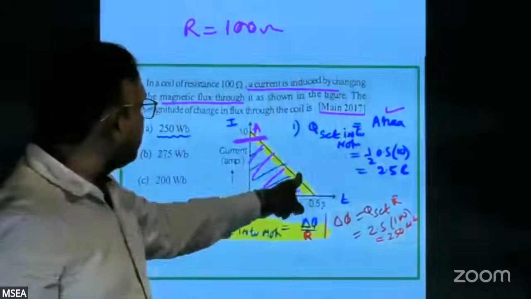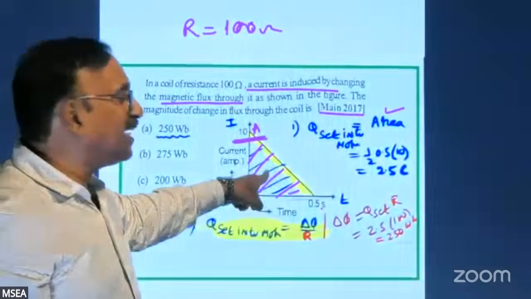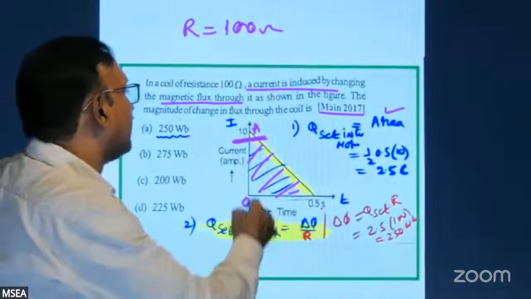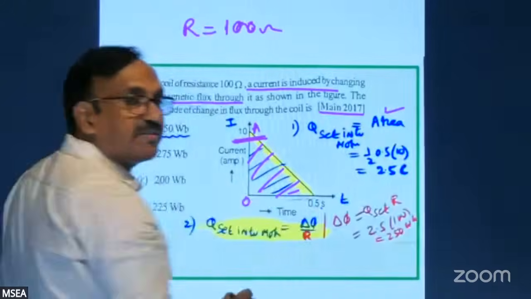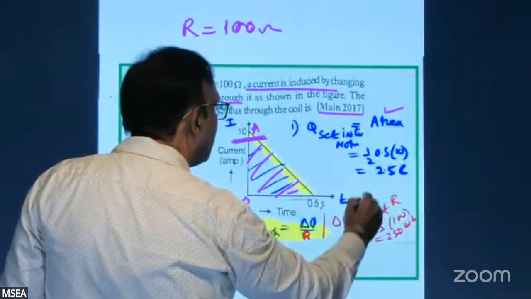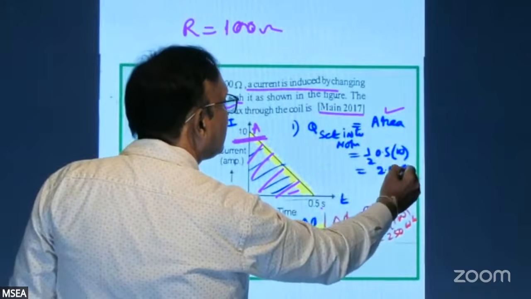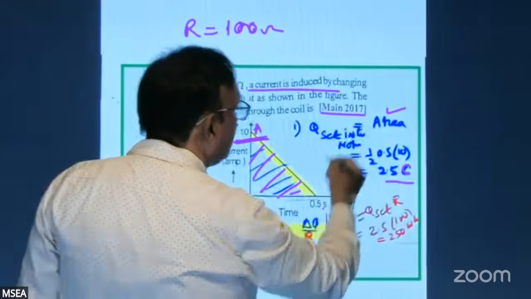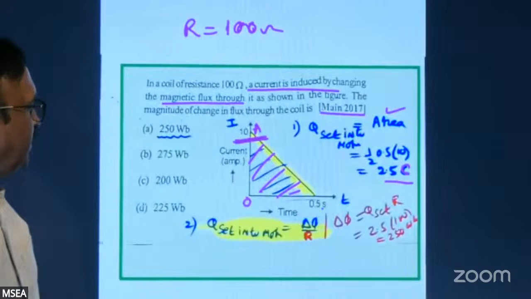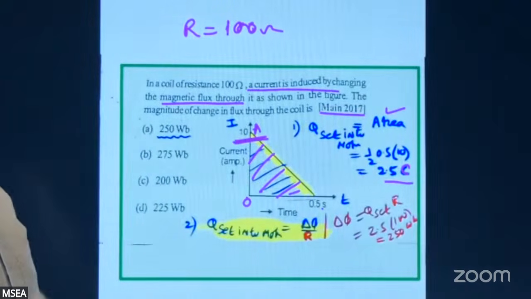Charge set into motion is nothing but this shaded area, the area of the triangle. What is the area of the triangle? Half into base into height. Half into base 0.5, height is 10. Just simplify there. It comes to be 2.5 coulombs. That's the charge that is set into motion.